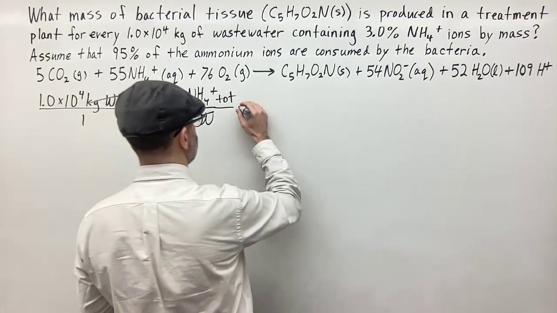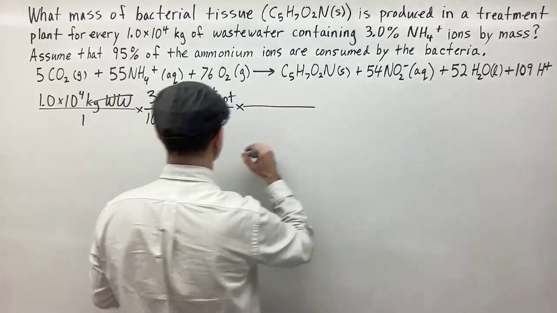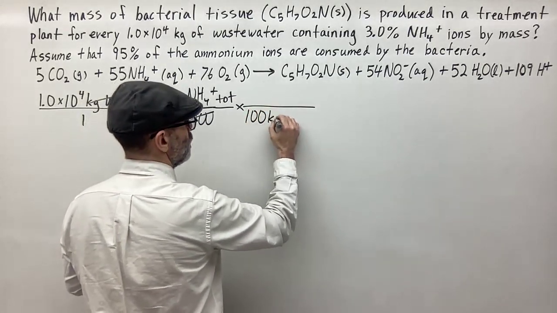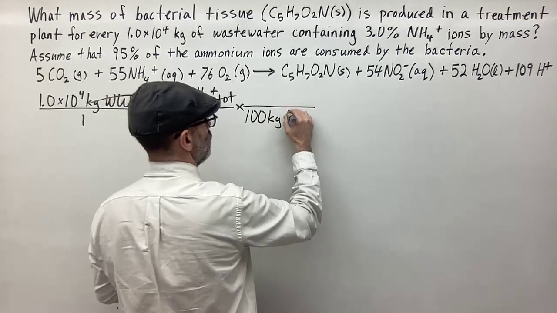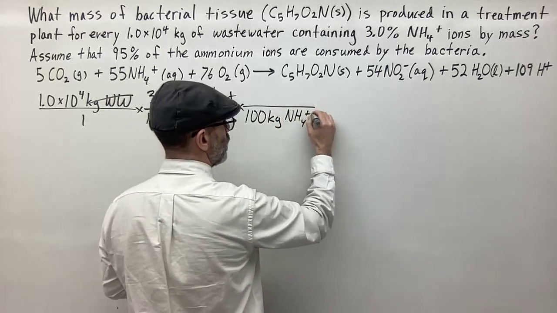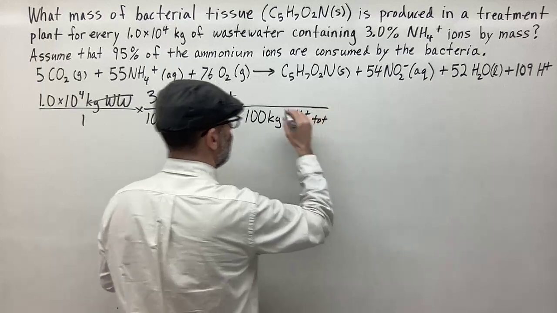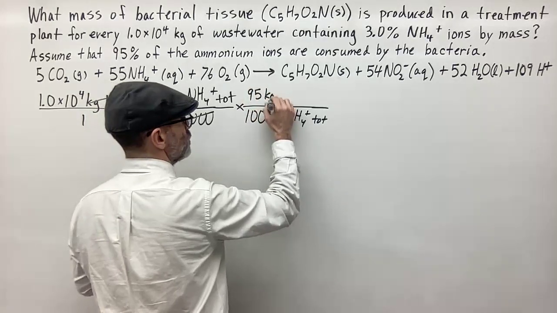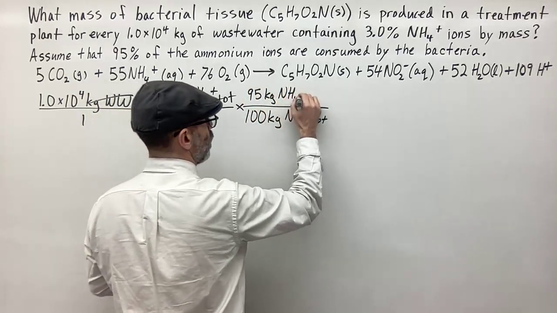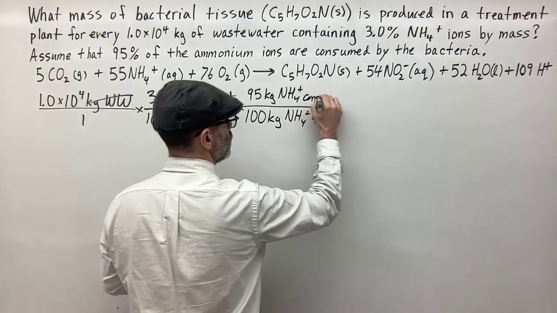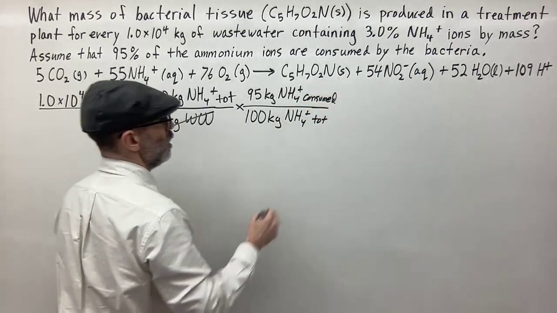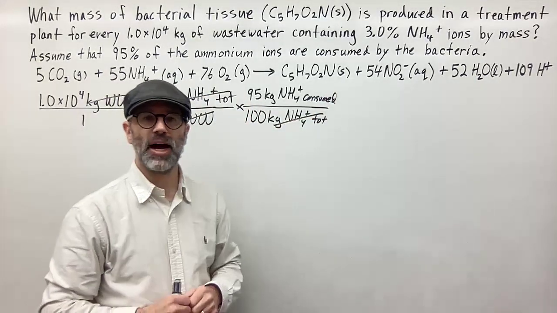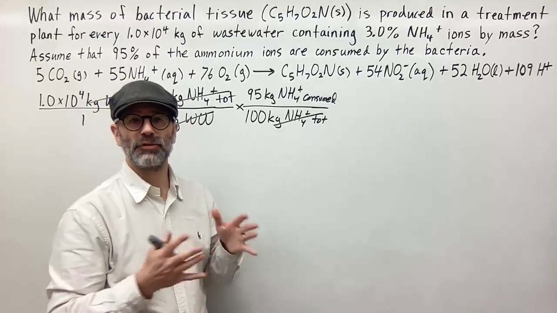So we can write that as a conversion. On the bottom, we'll have 100 kilograms of NH4 plus total. And then out of that 100, we'll have 95 kilograms of NH4 plus consumed. So then the kilograms total cancels out. And so now we have kilograms of NH4 plus consumed.